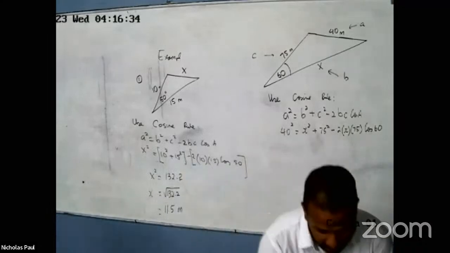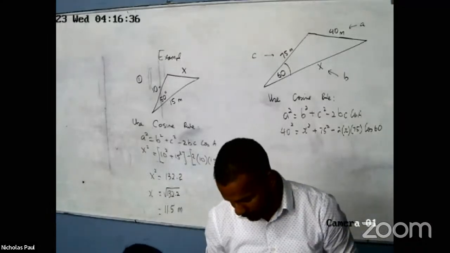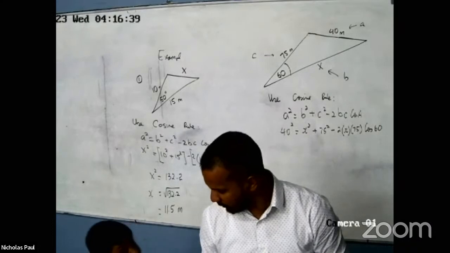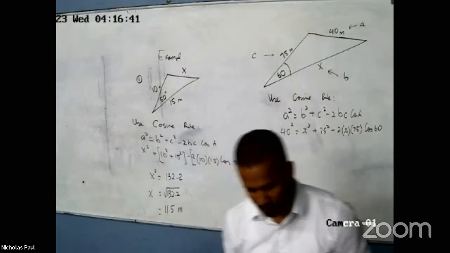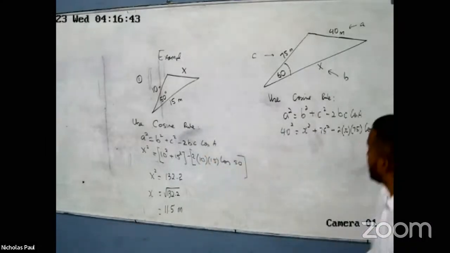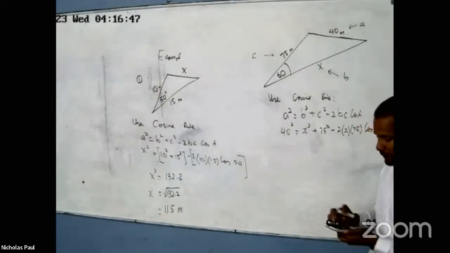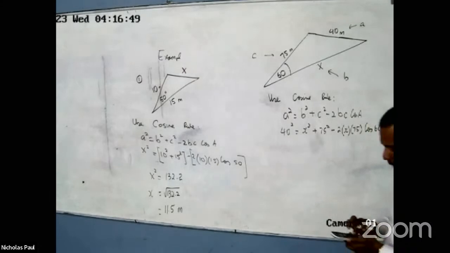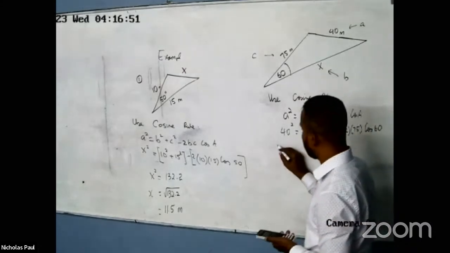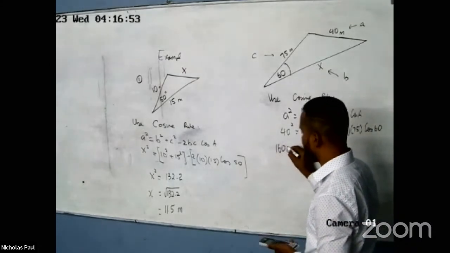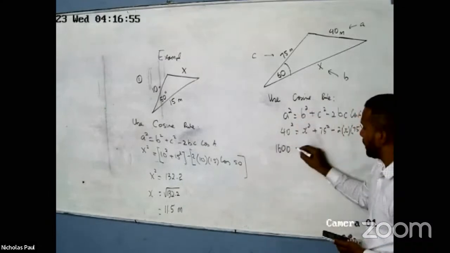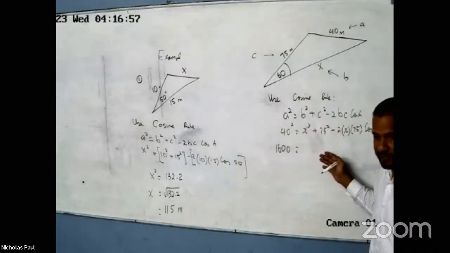All right, so I really want to see what you all come up with. Watch here. We're doing it piece by piece. So 40 squared, that should be around 1600. I'm doing it part by part here. One of the hardest things in math is making the subject of the formula.